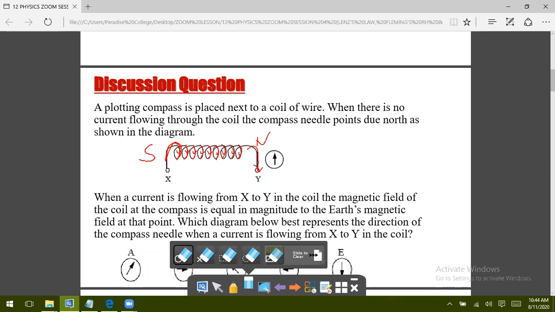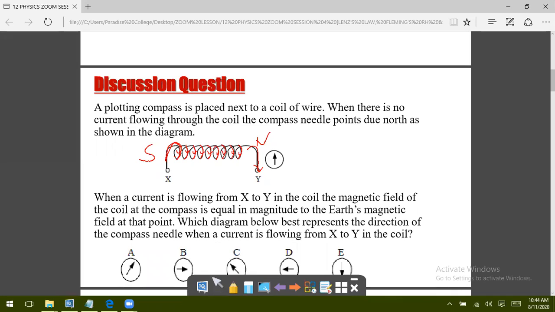D. All right, guys, let me have this again up for you. Let me do this. Current is coming this way. It's going out that way. And remember, this is the front end.